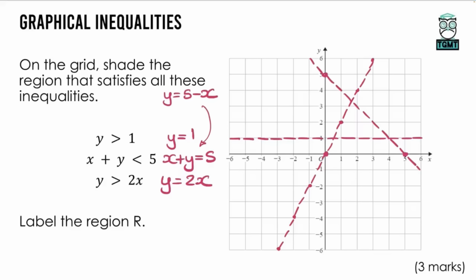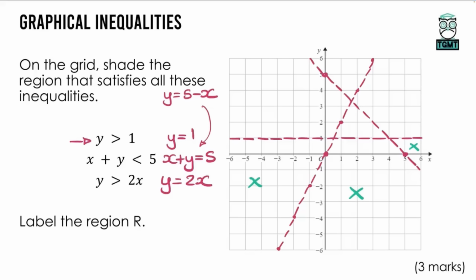However, we know from the first one, y has got to be bigger than 1. Now if I put a cross in some of the regions that we know it now can't be, so bigger than 1 means it has to be above that line y equals 1. So it can't be this little region here, it can't be this region, and it can't be this region. So I've cancelled off most of them already. I just need to look at the ones above.